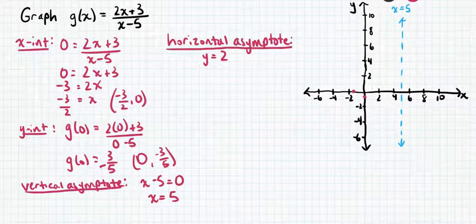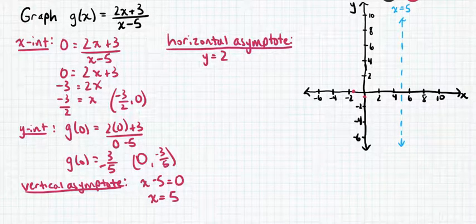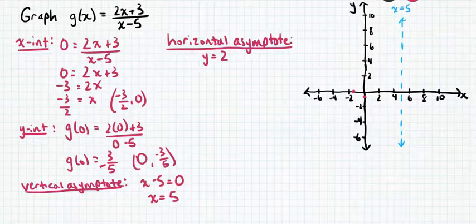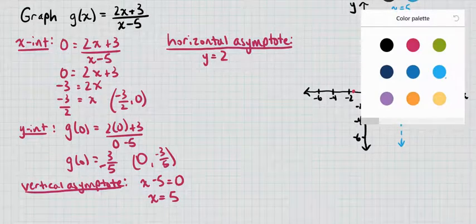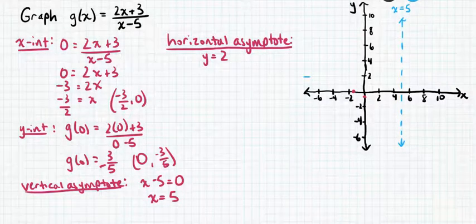So I'm going to leave that to you to test out by substituting in very large, very positive values of x and then very negative values of x, and see what your function values are approaching. But we do get y equals 2 as the horizontal asymptote here.